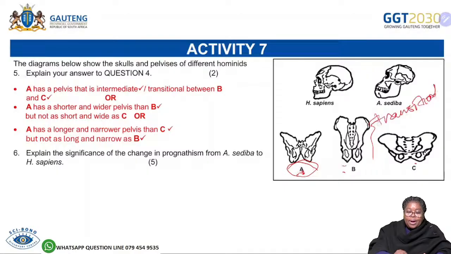This is what we see, but not as short and wide as C. So if we compare the three, A has a shorter and wider pelvis than B, but not as short and wide as C. Or you can say A has a longer and narrower pelvis than C, true, but not as long and narrow as B, okay?